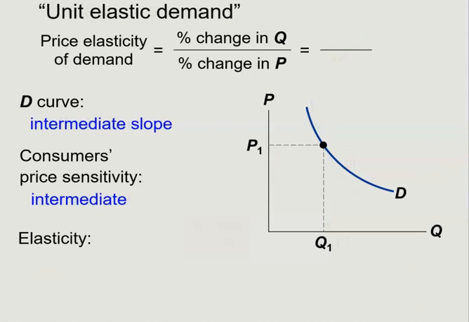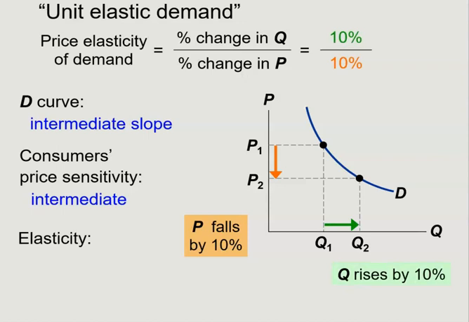The third case we're looking at is, again, a downward sloping demand curve, not as steep as the previous case. Here, when price goes down by 10%, the quantity demanded rises by 10% as well. Again, this is a pretty unique case.